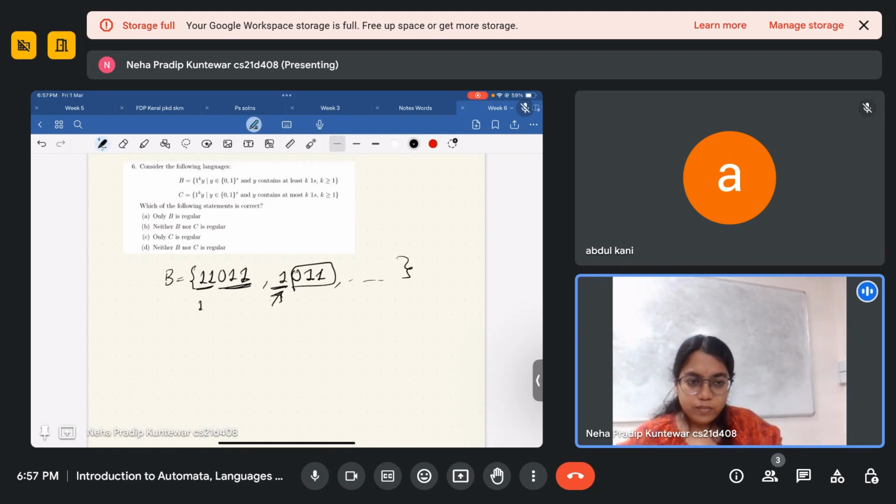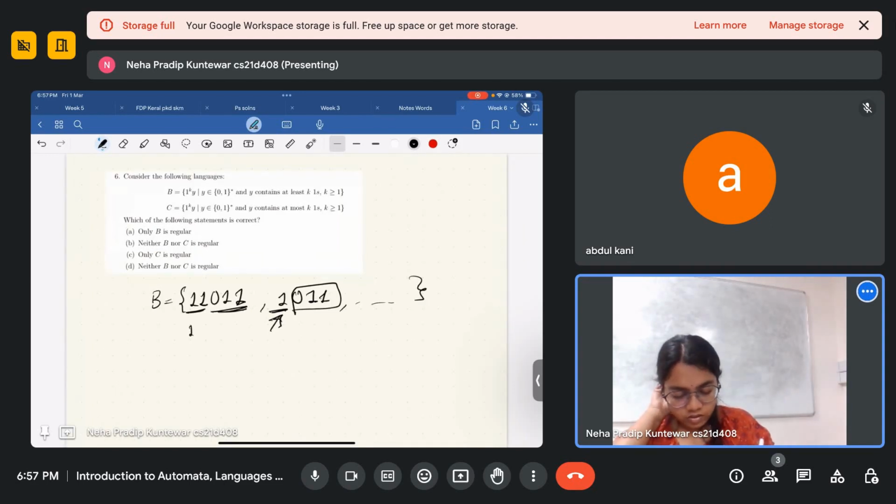And C is exactly opposite. C has a block of k ones, and then you have a y which has at most k many ones. So you want to tell which of B and C are regular. Is it that only B is regular, or that both are not regular, or that C is regular, or... okay, sorry.